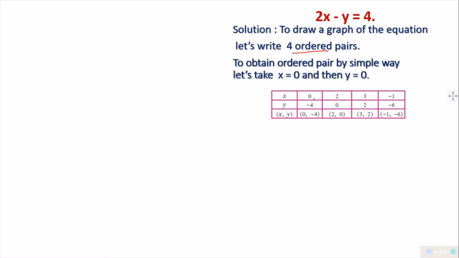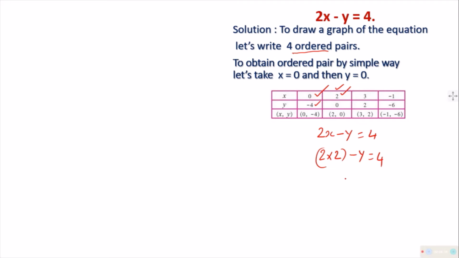You will insert x is equal to 0 and calculate how much y will be, or x is equal to 2, and we calculate. For example, in this case, if I consider x is equal to 2, what is the equation given? The linear equation given is 2x minus y is equal to 4. So I will substitute this x into it. 4 minus y is equal to 4.